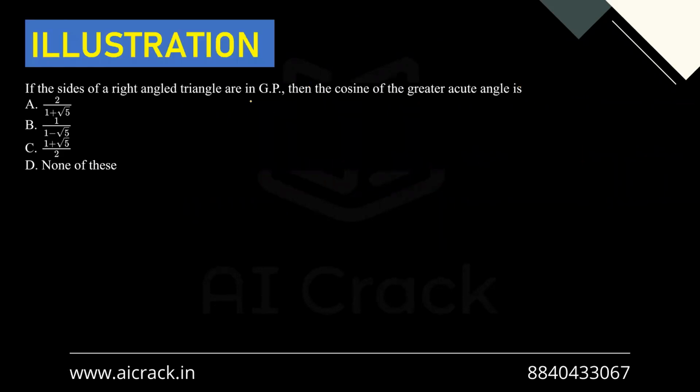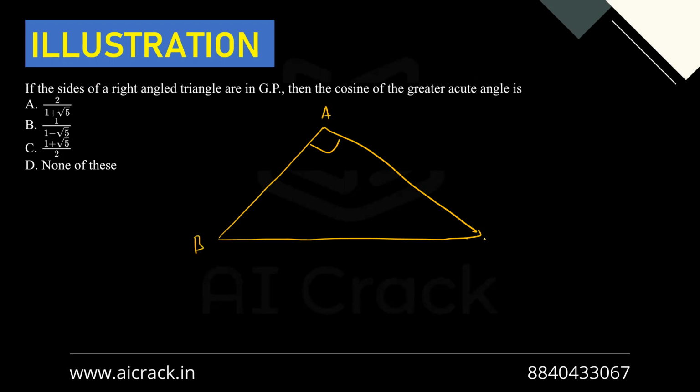Now let's look at one question. If the sides of a right angle triangle are in GP, then the cosine of the greater acute angle is. So let's say we have this right angle triangle. This is the right angle. Let's say this is a, this is b, and this is c. We don't know if r is greater than 1 or less than 1, so let's use common sense.